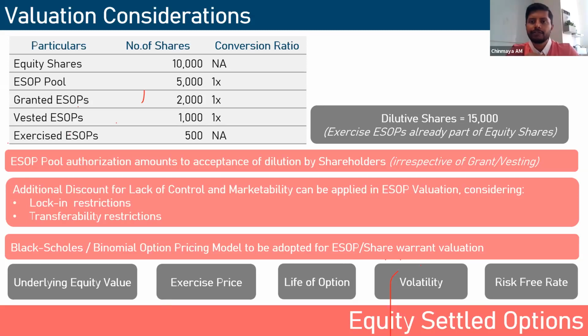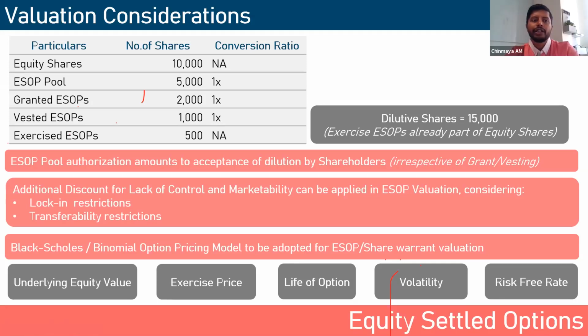Yes, sir. That's why I was saying it is subjective to facts. Even in this example, those who have exercised will be granted. When there is a liquidity event, as long as they are vested shares, they can immediately exercise, even though they have not exercised. Correct.